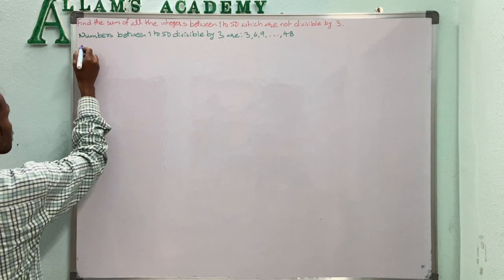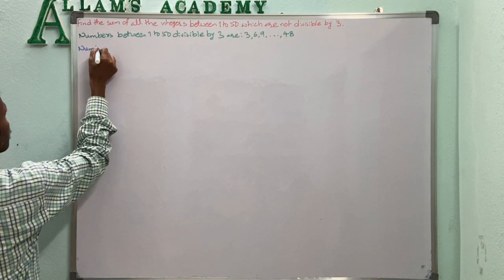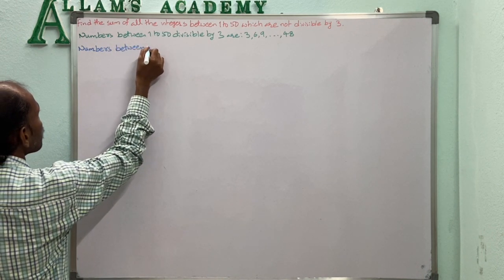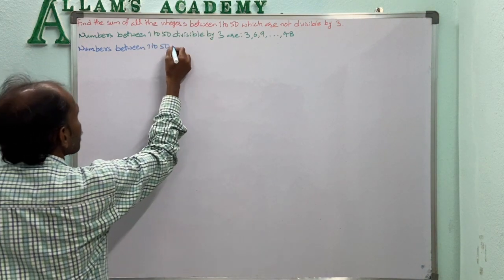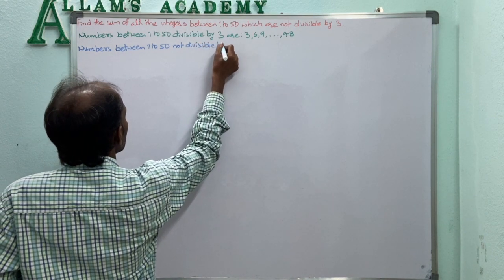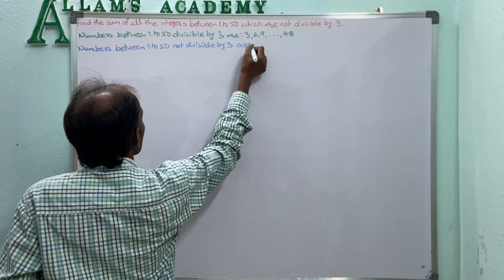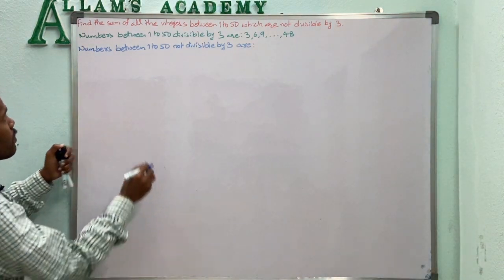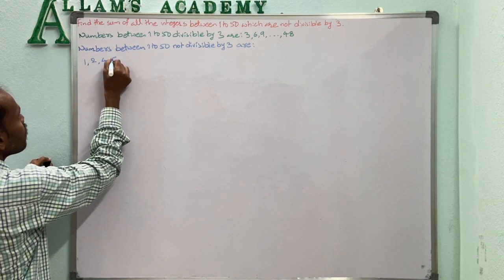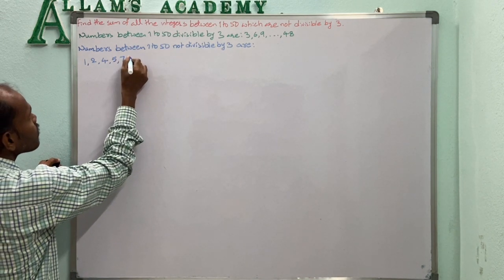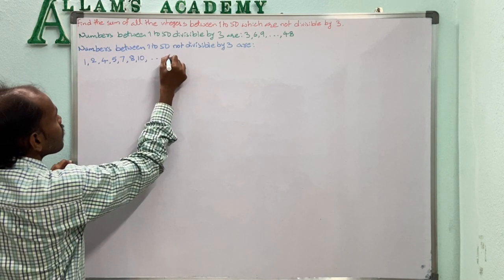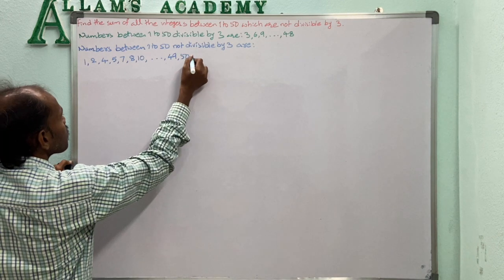So the numbers between 1 to 50 not divisible by 3 are the remaining numbers: 1, 2, 4, 5, 7, 8, 10 and so on up to 49, 50.